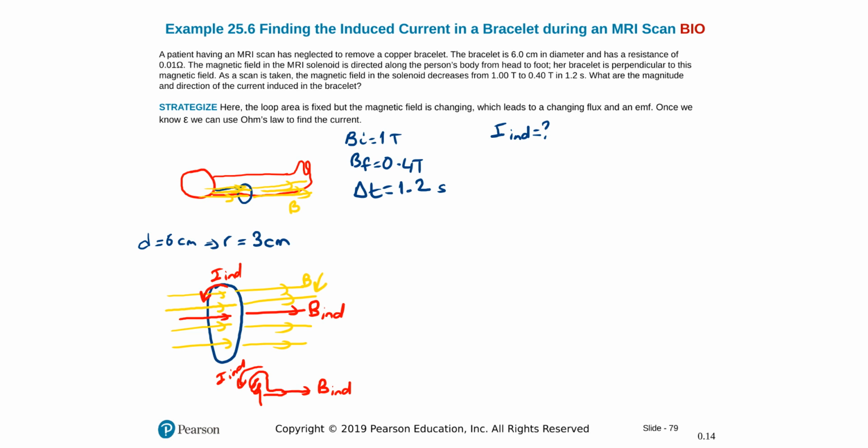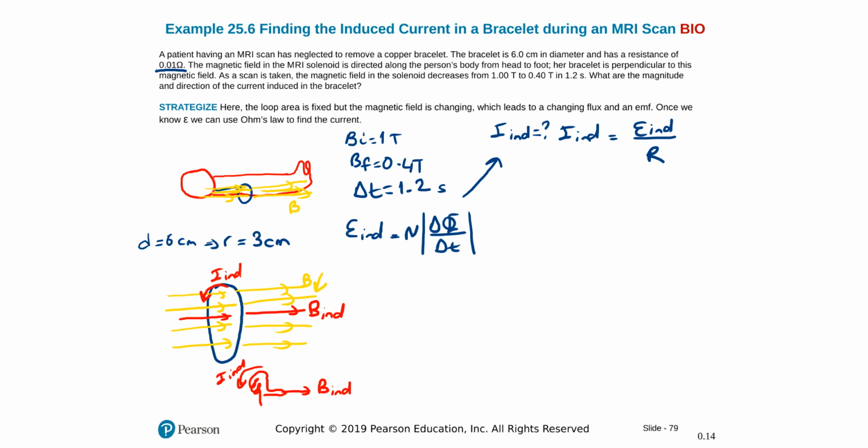Now let's find that I induced. What we do is find epsilon induced first. It will be N times delta phi over delta t, and then use that to find I induced, which is equal to epsilon induced over R. Now they should be giving us a resistance of that bracelet.